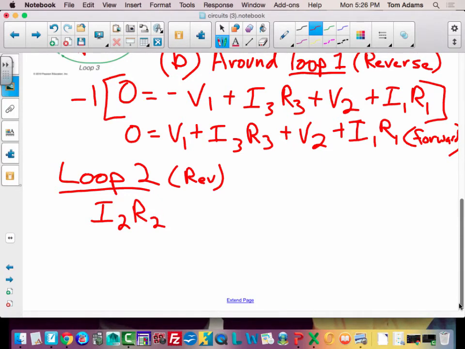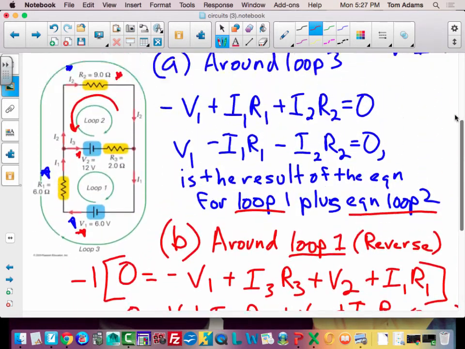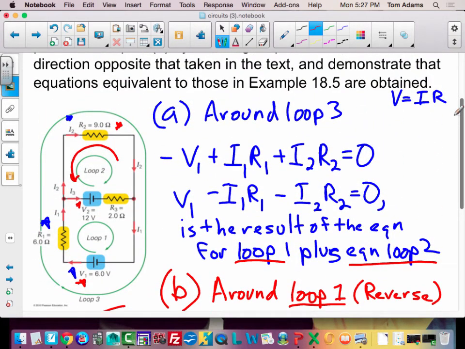So we would have I2 R2, and then we would have minus V2 minus I3 R3, and all that should equal 0. Okay. So we're going to have minus V2, and then this would be V3 is equal to I3 R3, and that'll be minus that as well. Okay. So that'll give us that other equation.